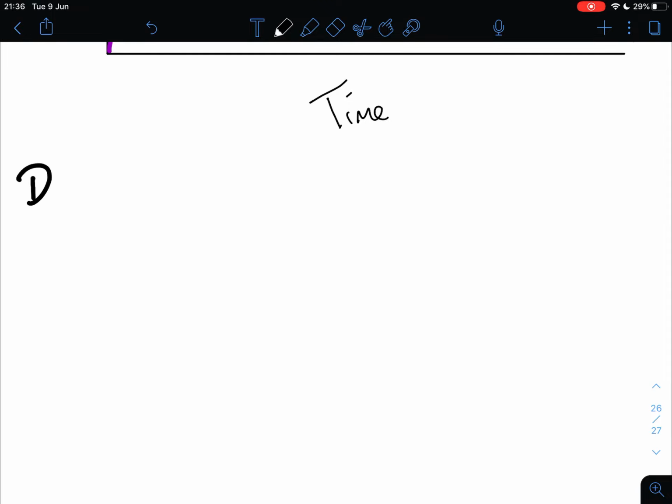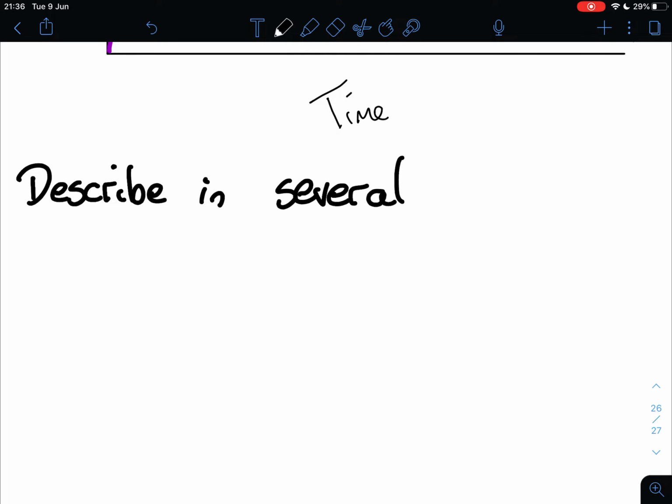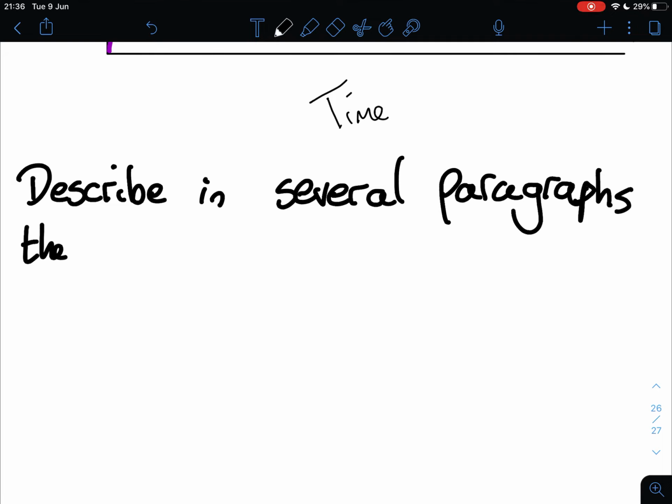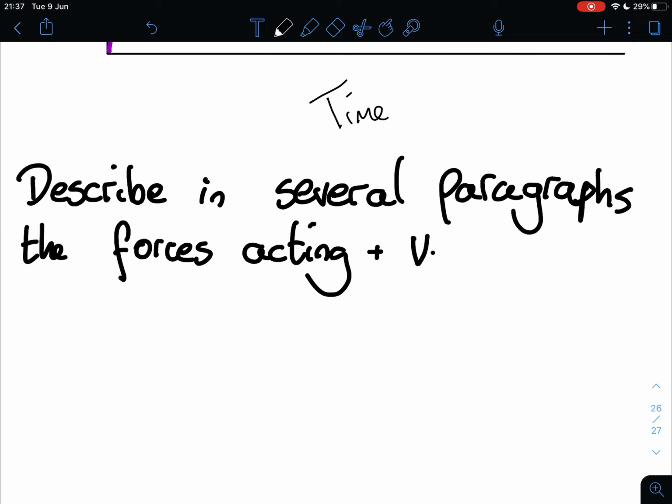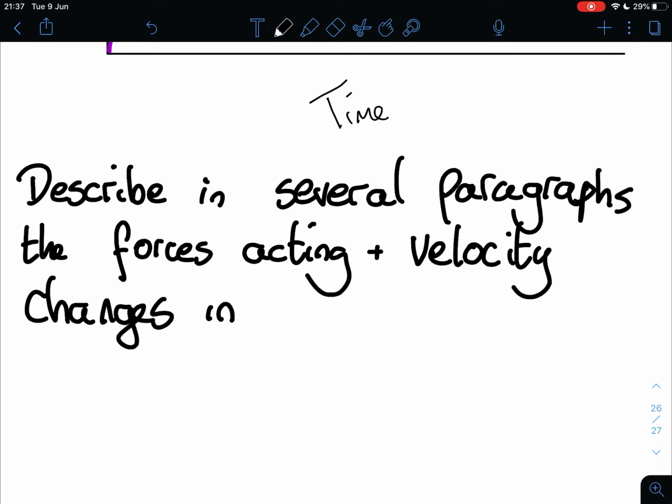Now, what I would like you to do is, once you've copied that down, I would like you to actually describe in several paragraphs the forces acting and velocity changes in freefall. So this is a typical question I've seen come up a few times now.